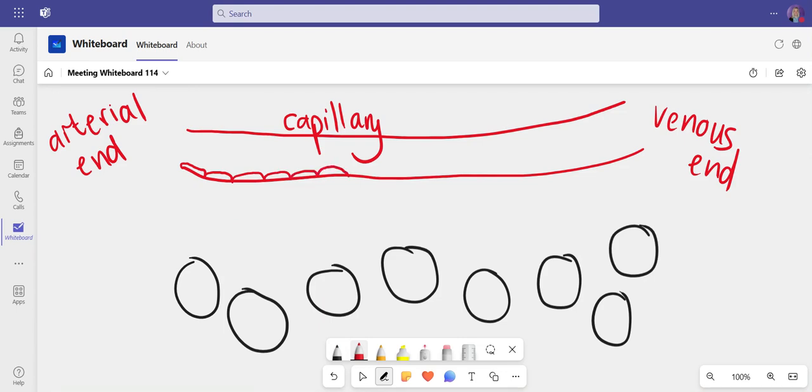They actually go through the little tiny gaps in between these cells. We've got a layer of squamous epithelial cells, something like that. Really, they're like individual cells, obviously, more like that, but just saving time drawing them like this.